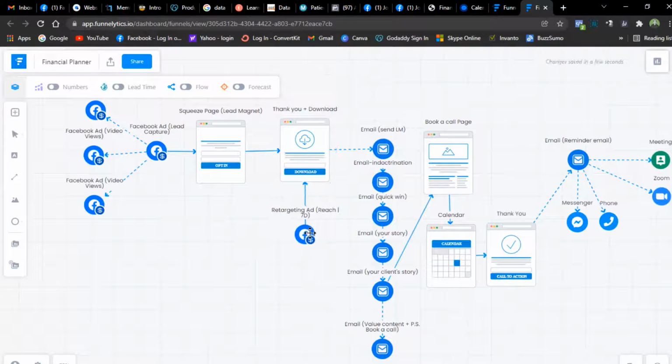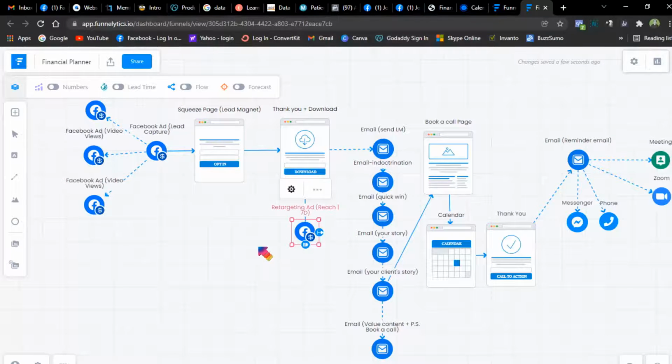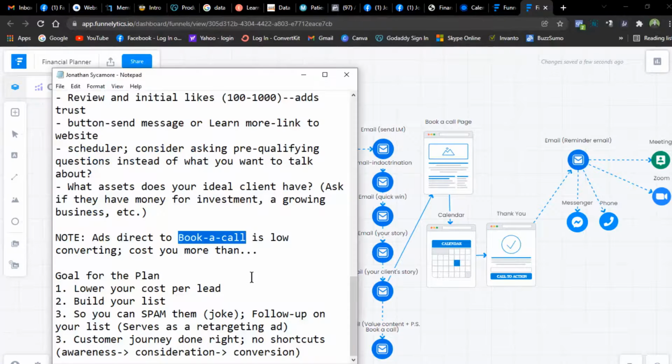But in the beginning, on the first 7 days, we want to keep on showing up on their newsfeed, right? Because after they opted in, they won't see your ad anymore. But with the retargeting ad, you have more touch points with them. There's a sense of recency there. So yeah, that's the main strategy.